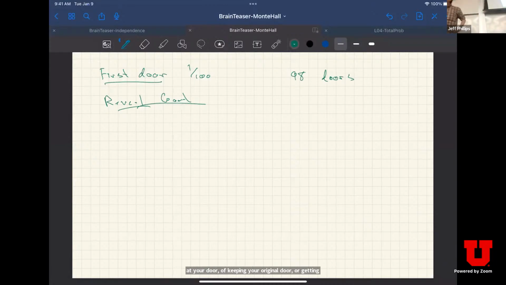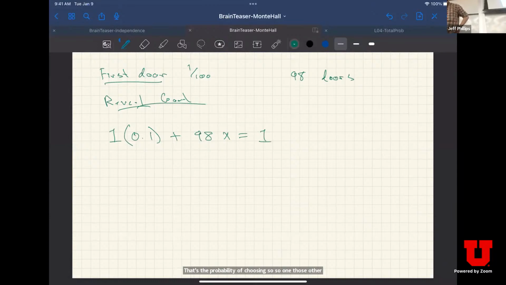So it should be equal: you have 0.01 plus, for the 98 doors, there's 1 door here, and you have 98 doors that are equally likely, times x. This should be equal to 1. So we solve for x, the probability of choosing one of those other doors, and so having the car.